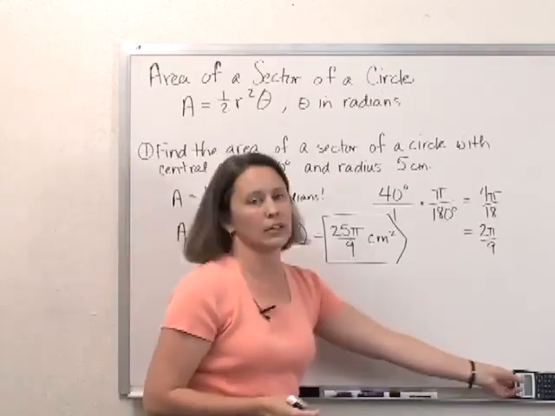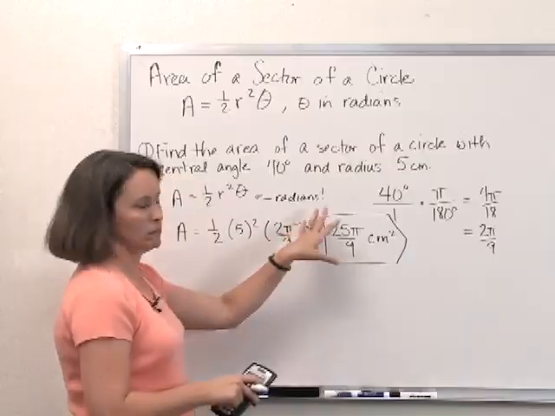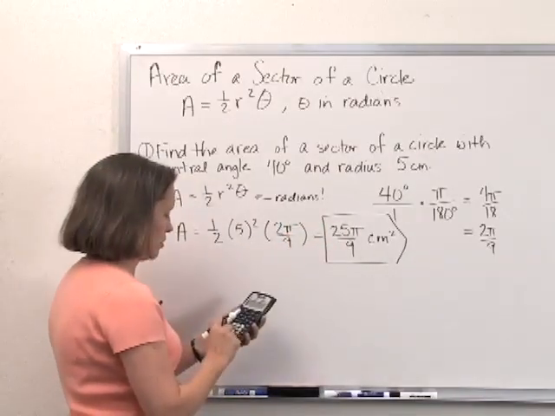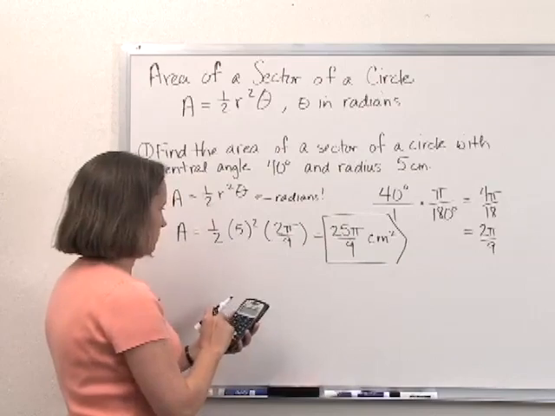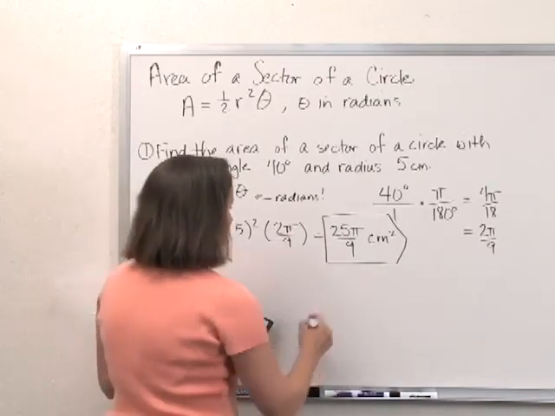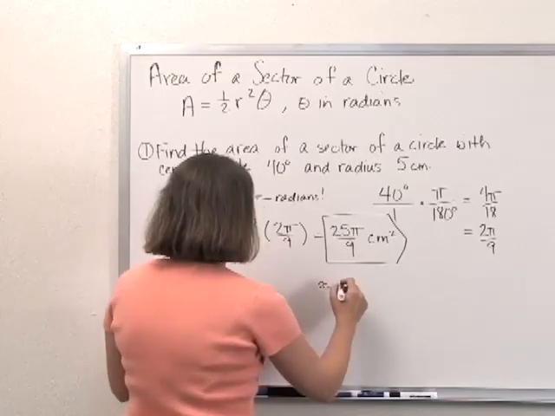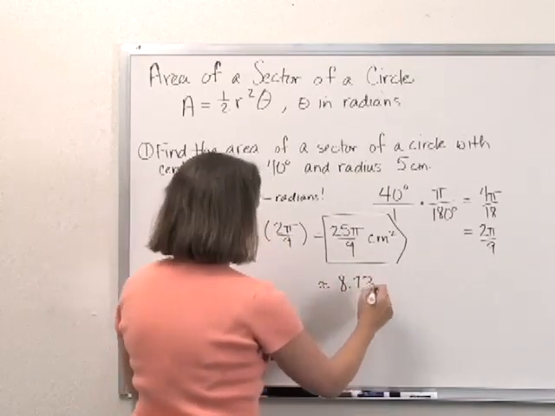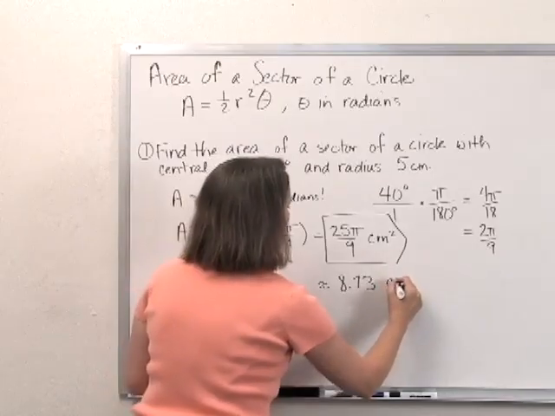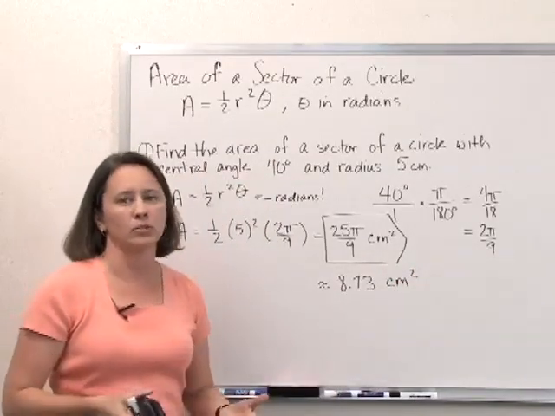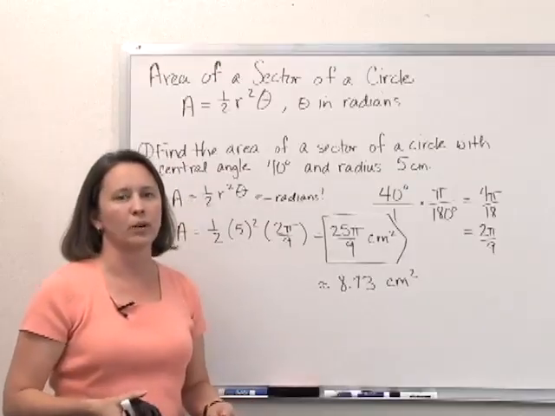At that point, you would take your calculator out and multiply and divide to get an approximation. Let's do that real quick. So this is approximately 8.73. So we're going to use 2 decimal places here. Centimeters squared. And the number of decimal places will always be told to you in your homework or in any problem that you're working.